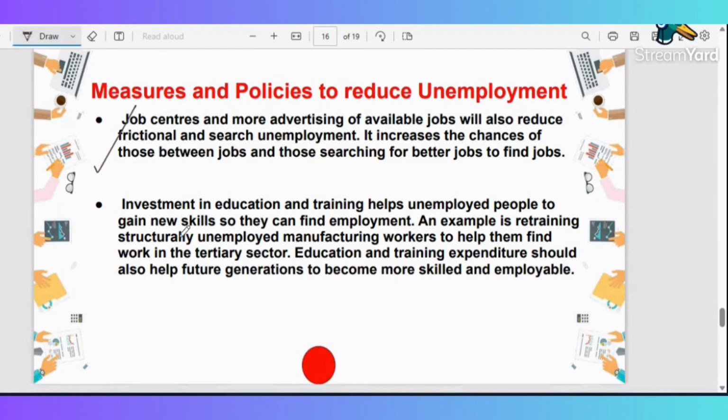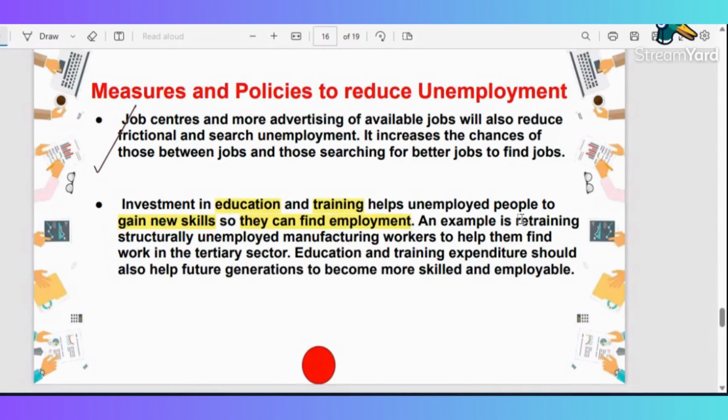We also look at investment in education, and this is very important. Education is the key. Investment in education means what? More trained, more skilled persons. So investment in education and training, right? Now this helps unemployed people to gain new skills. So they'll gain new skills. When they gain new skills, it will be easier for them to find employment, to find a job.